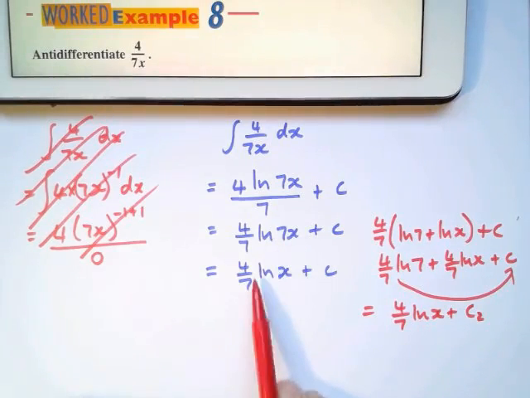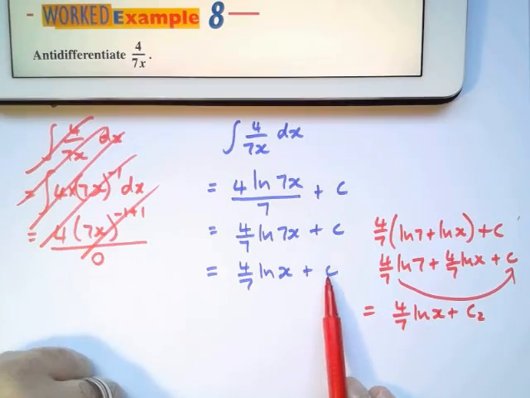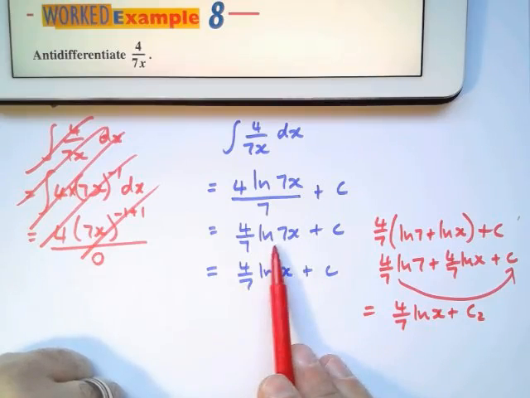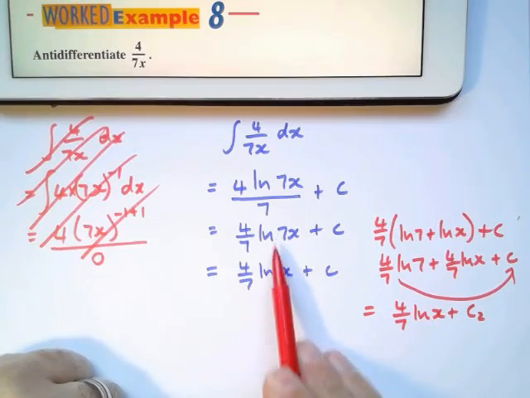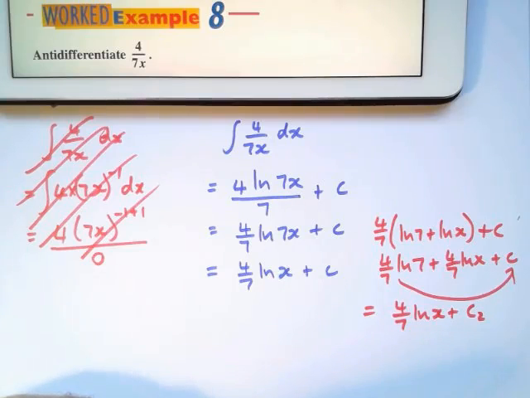This is why they are the same, because of that c value and the fact that we can split ln up. So I will accept any one of those two answers.